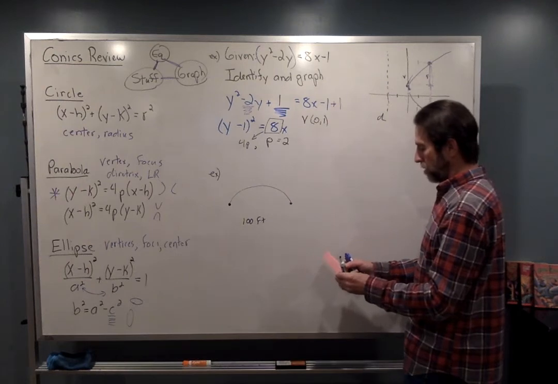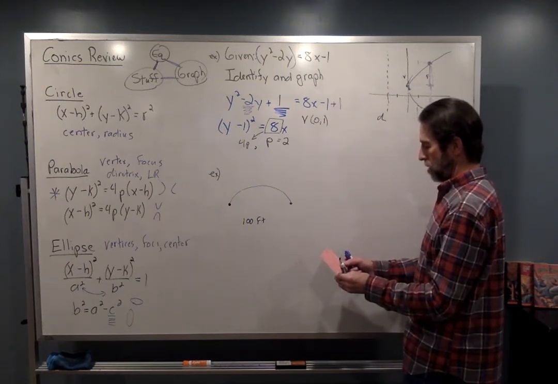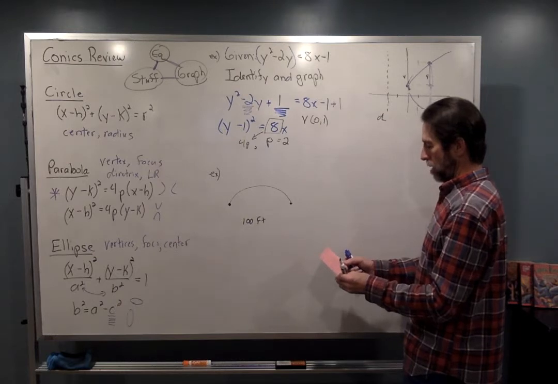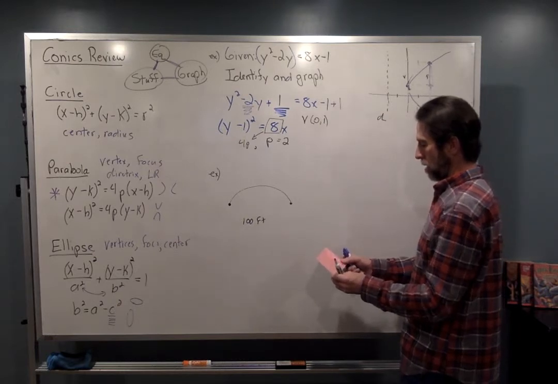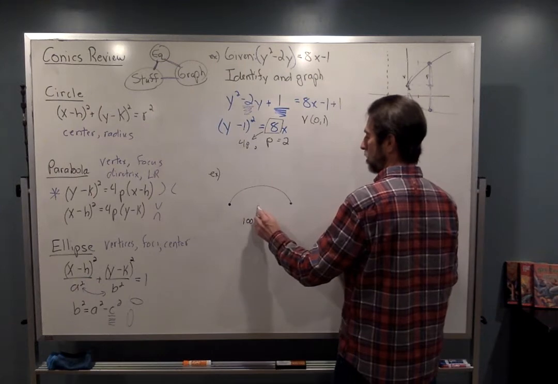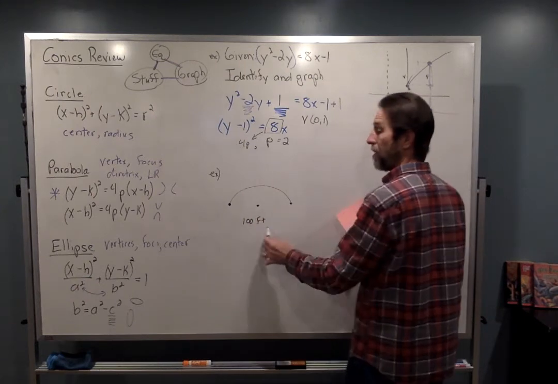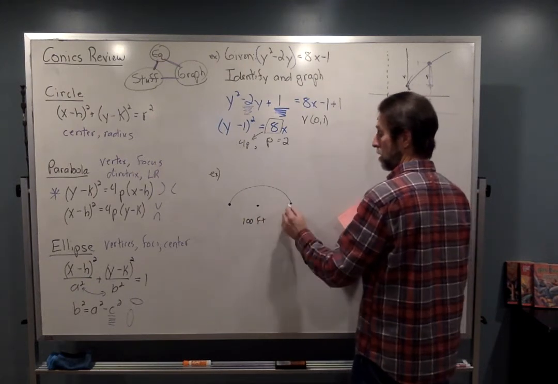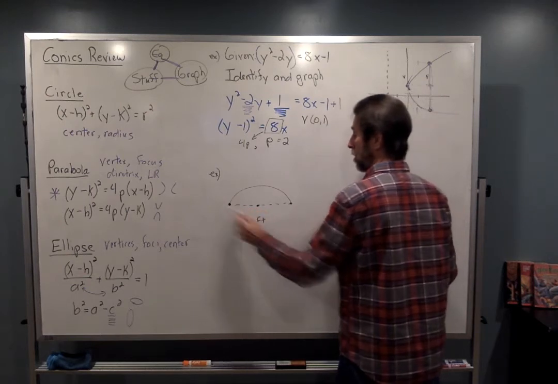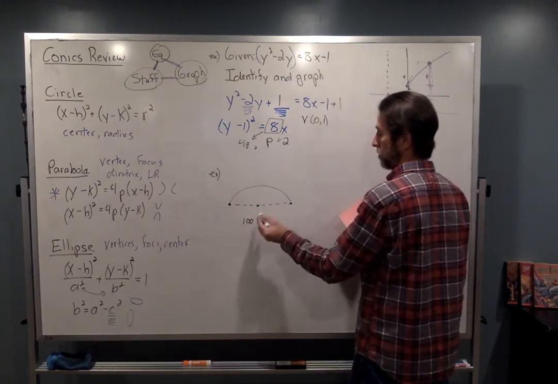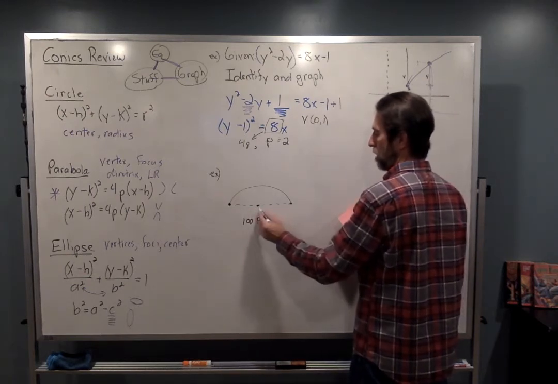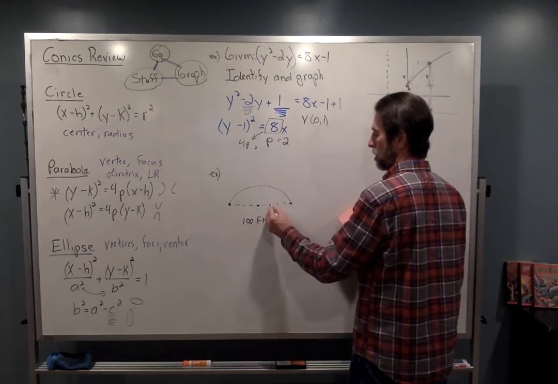Then what we are told is that its focus is 25 feet from that center span. So if that's 100 feet, we know this is 50, so here's the focus.